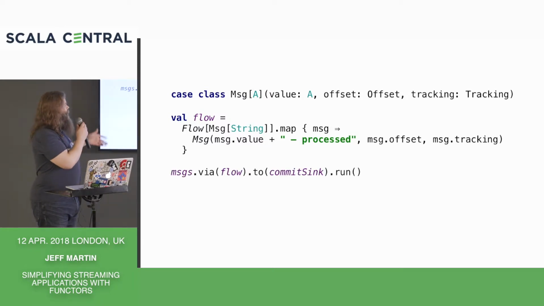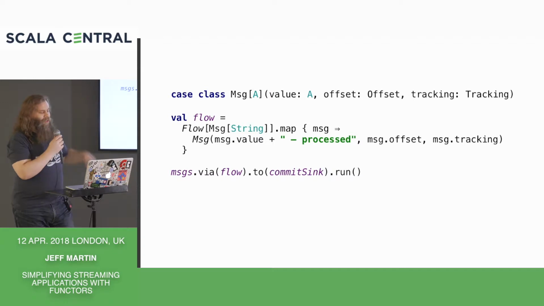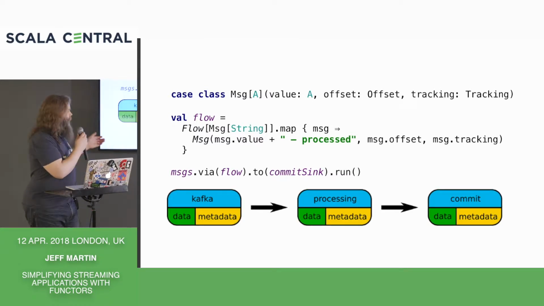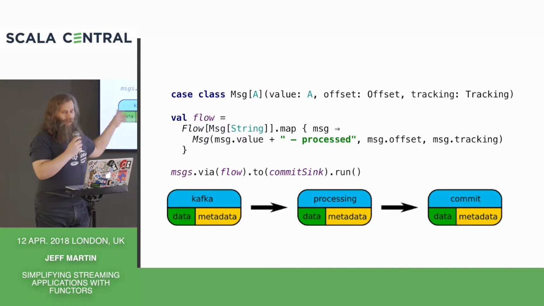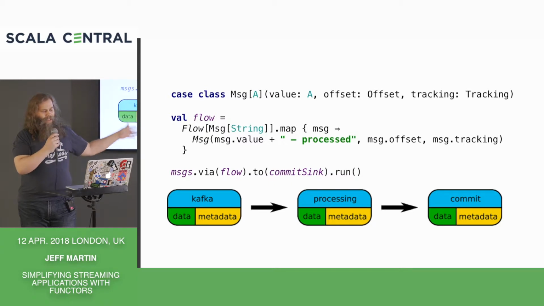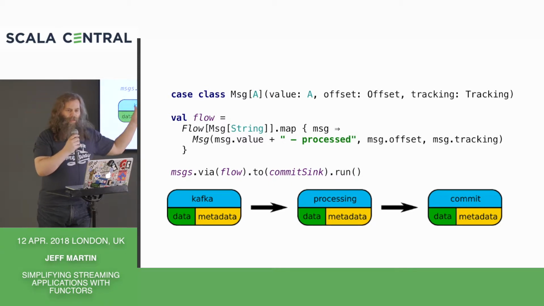If we want to execute this, we go from messages, we pass them via this flow, and then we pass them to the commit to be sent to the database, etc. So again we have data and metadata. We start off with the from Kafka, data and metadata, processing, data and metadata, and commit, data and metadata.